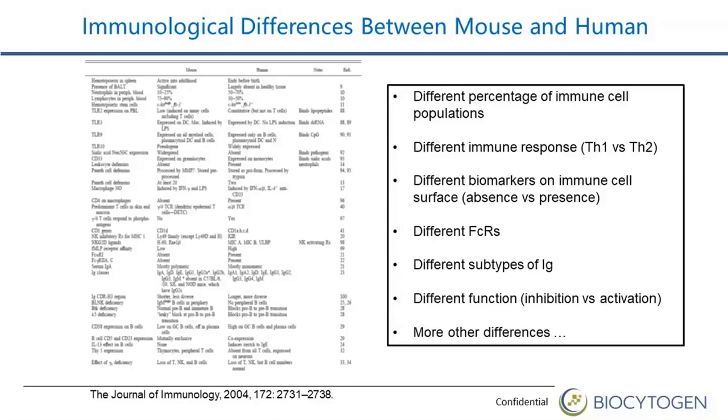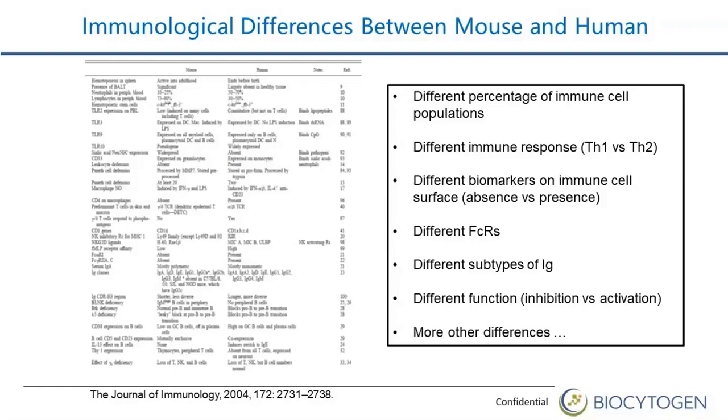For example, lymphocytes in the mouse are about 75 to 80%, but in the human about 30 to 50%. Neutrophils are about 10 to 25% in the mouse and about 50 to 70% in the human. This difference may cause different responses to some stimuli.